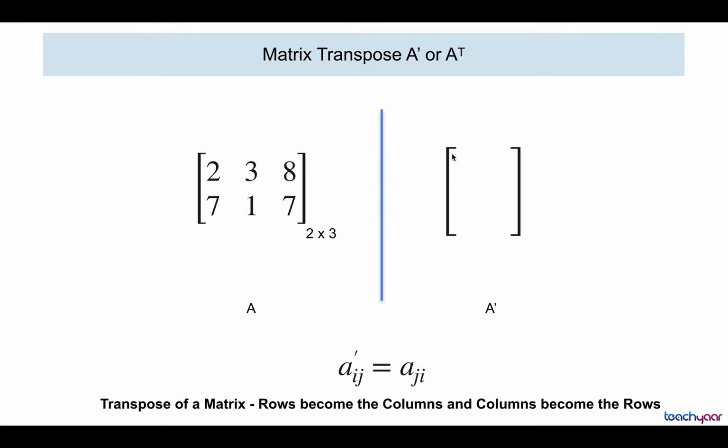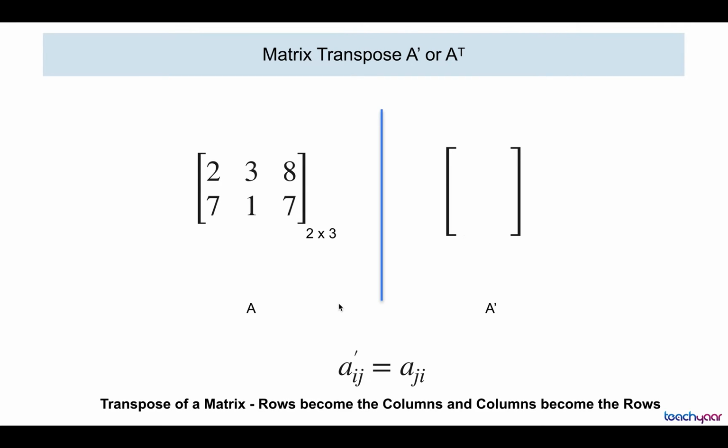If i is 1 and j is 2, then A bar ij indicates the first row, second column, and that is equal to a ji, which means second row, first column.